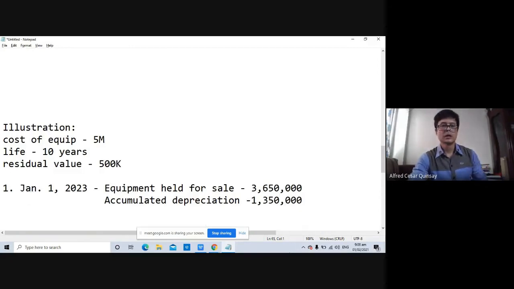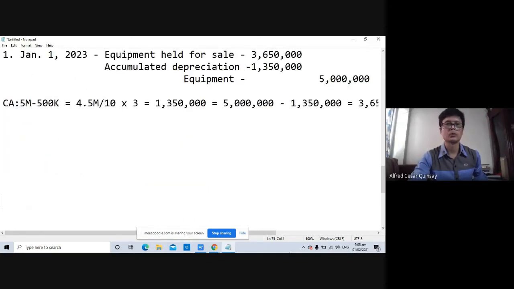Nandiyan rin sa libro mo yan. And then credit the equipment, so we remove it from the equipment asset section, which is 5 million pesos. That is to reclassify the asset from equipment to equipment held for sale.